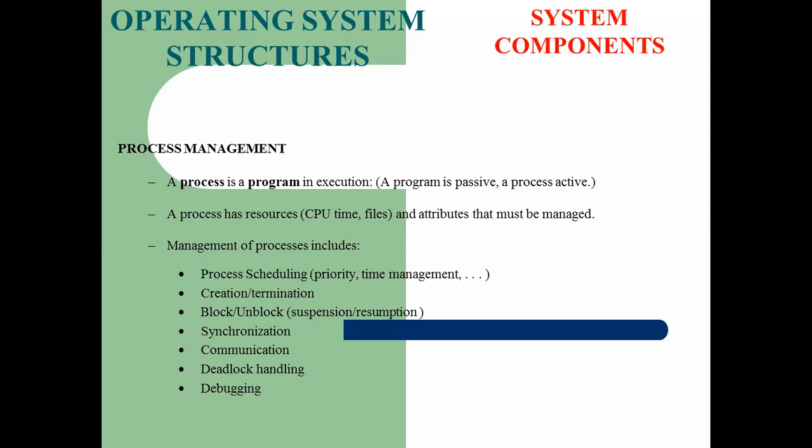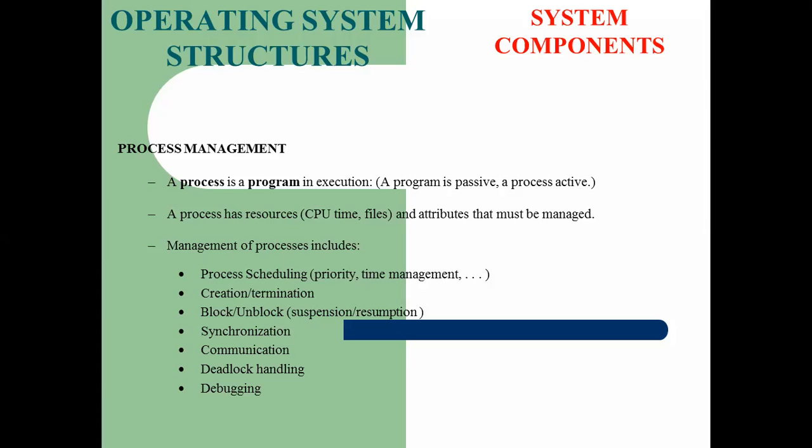So a process has resources. Of course, whenever we write the program and it goes under execution, it will use CPU time as well as files, where we save our data. So a process has resources, may use CPU time and files, and has attributes that must be managed.